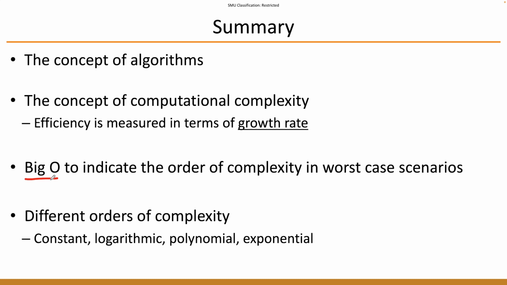And then we have very clearly ranked complexity classes from the most efficient one, which is constant time, going all the way until you reach exponential or factorial. That basically tells us that you cannot really solve it for real-life size problems.